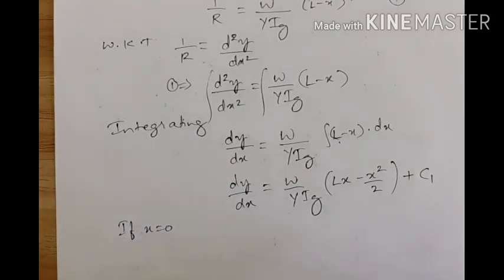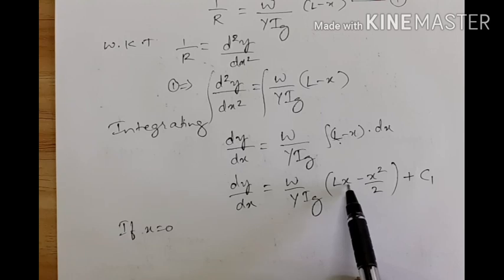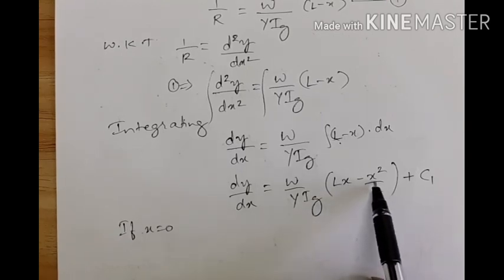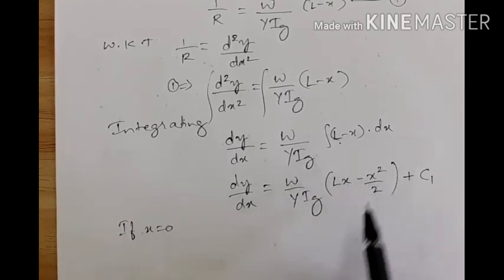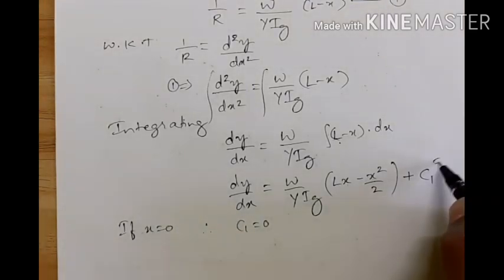Then what is the value of C1? If I substitute x is equal to 0, this will become 0, and this will also become 0, therefore C1 is equal to 0.